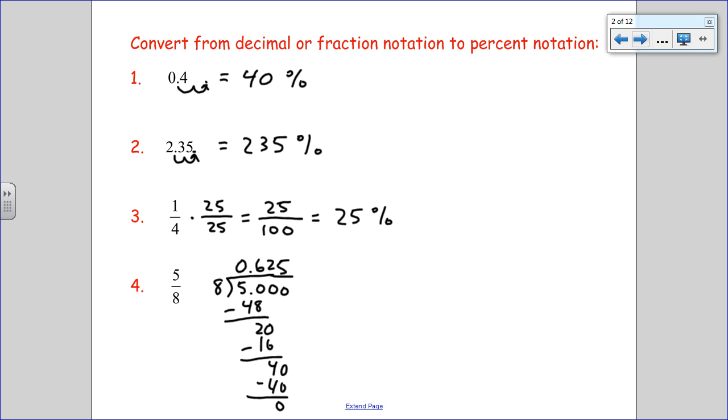Since 5/8 is equivalent to the decimal 0.625, we can move the decimal point 2 places to the right and obtain the percent 62.5%.